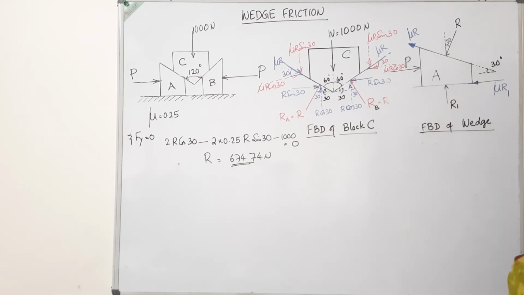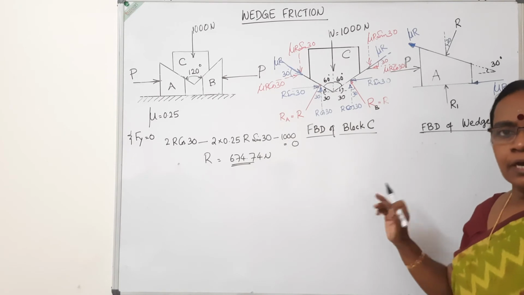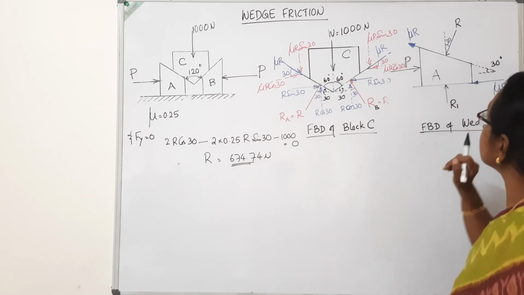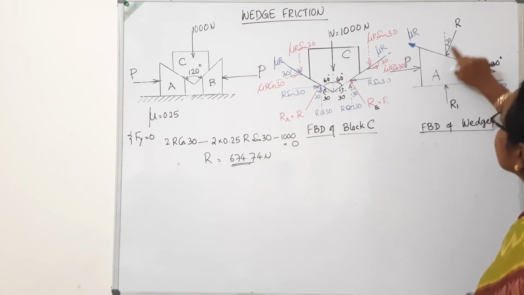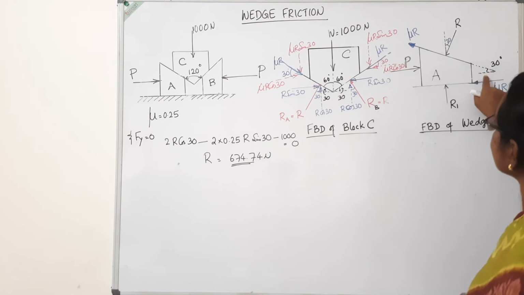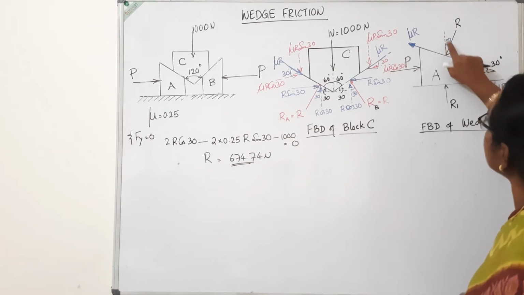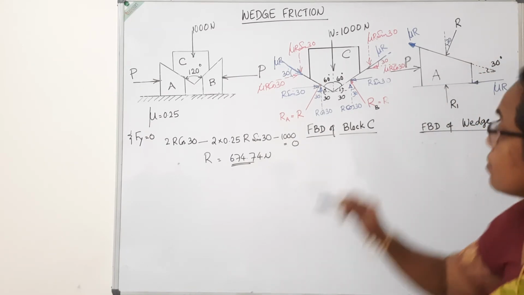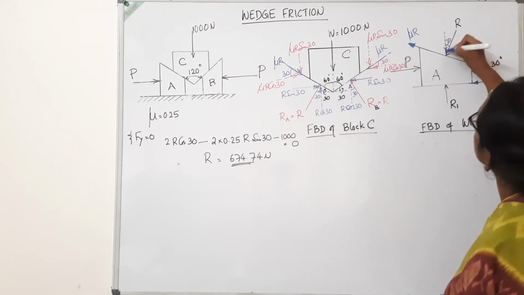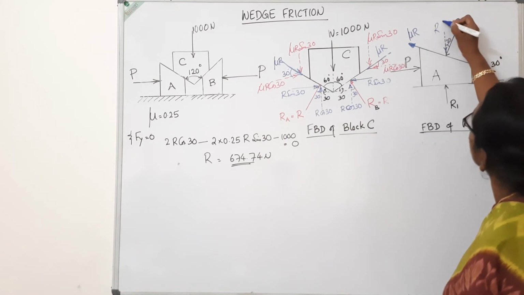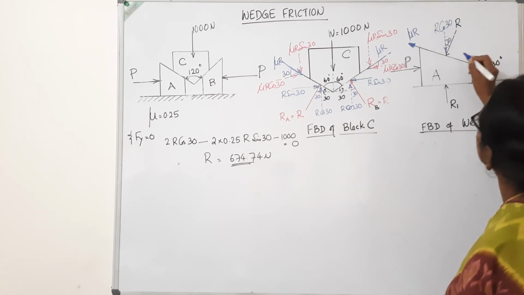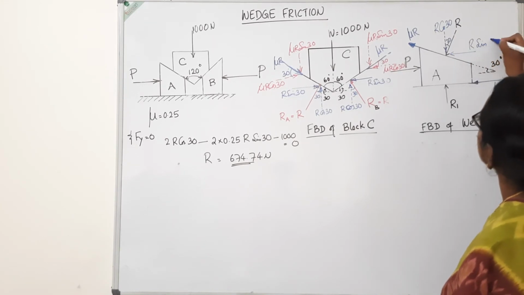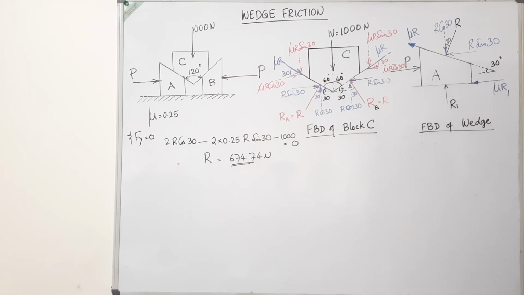So these are the various forces. Now we have to resolve it in x and y directions, the inclined forces, and then write down sigma Fx is equal to 0, sigma Fy is equal to 0. So let us resolve. The normal reaction R, this plane is inclined at 30 degrees, so the angle between the normal and the vertical will also be 30 degrees. So resolving it, this will be R cos 30 and this will be R sin 30.